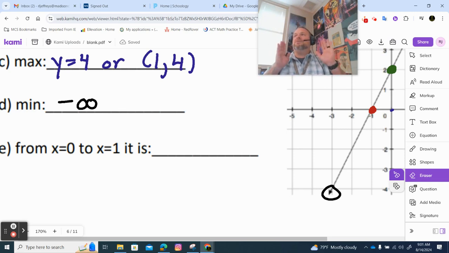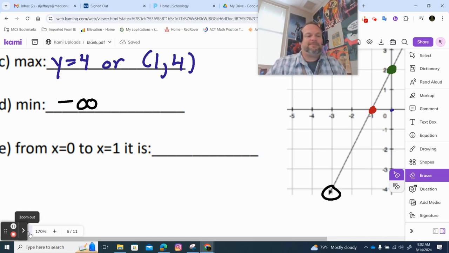Those arrows mean it keeps going on and on and on, kind of like a really boring math class. Womp womp. Some people got it. Other people are like, I don't know what's happening.